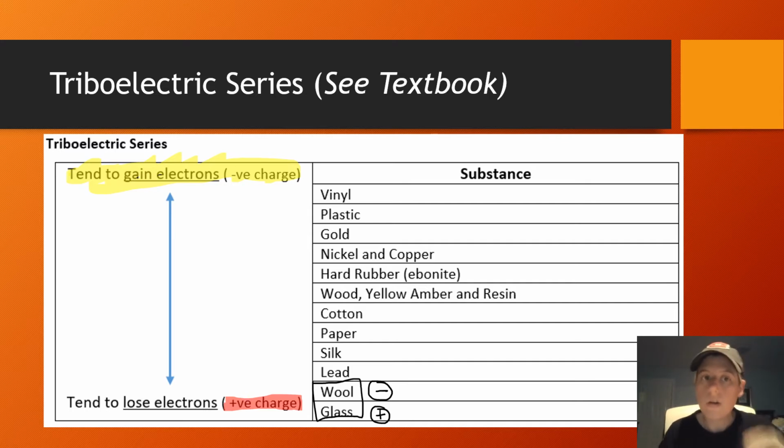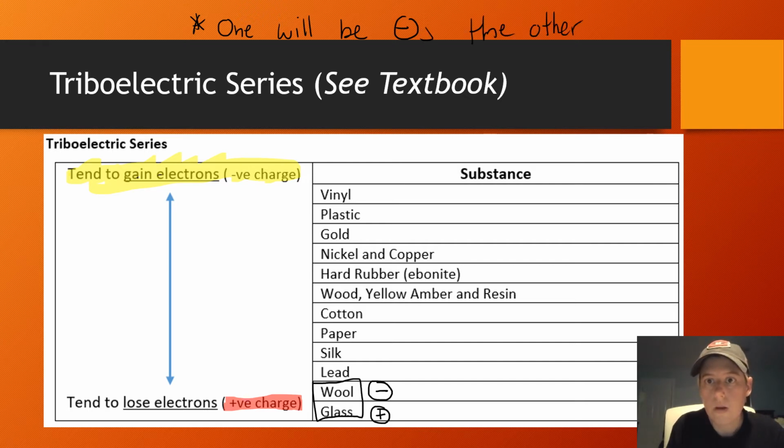And one thing that's really important about the Triboelectric series, and you need to remember, is that one will be negative and the other will be positive. And it really depends on what material is rubbed with what material. So we're going to do a couple of examples here to look at that.